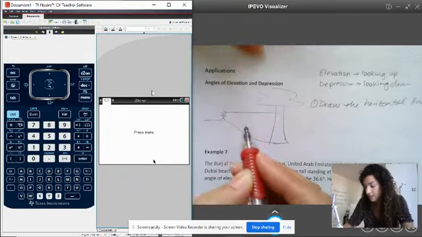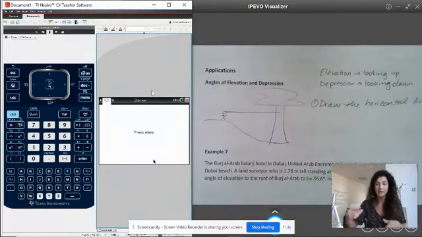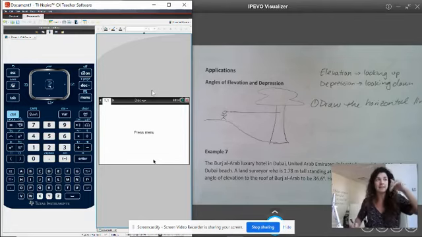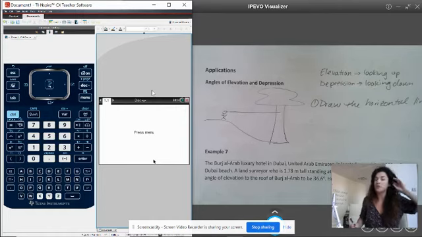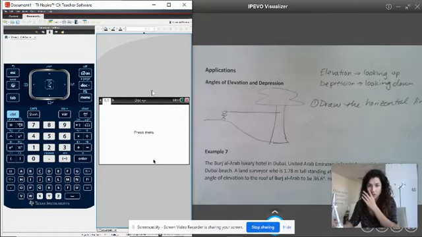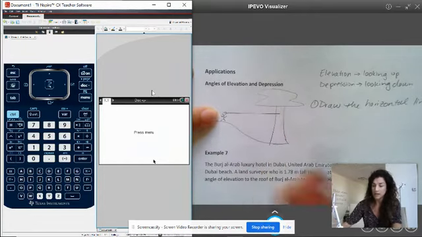And this does matter that it's from their eyes, because sometimes they'll say this person is 1.5 meters tall, or maybe they're looking out from a window that is 10 meters up in the air. That matters because it'll change the dynamic of the picture. So it is from the line of sight. You need to draw a horizontal line.